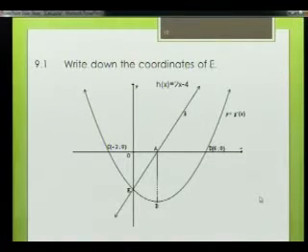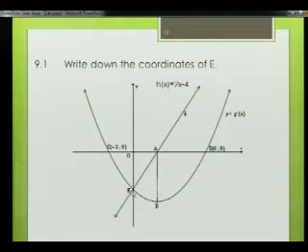First question. Write down the coordinates of E. E is that point. If I look at E very carefully, E lies on the parabola but also on the line. I have nothing about this one, but I do have information of that one, because h of x equals 2x minus 4.